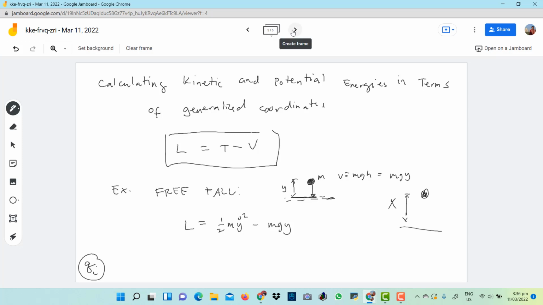Sometimes x is the variable used even though your motion is upward or downward. So if it is x, it's easy still, just change your variable. Okay, 1/2 m x dot squared minus mg times x. Okay? If this is your ground.